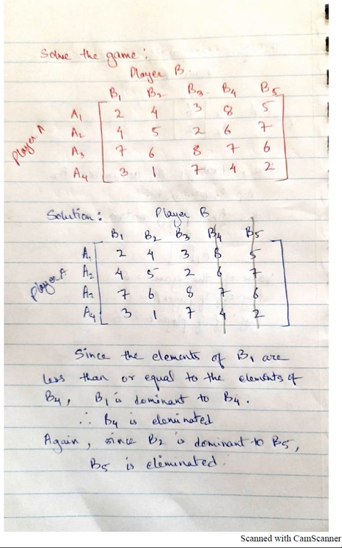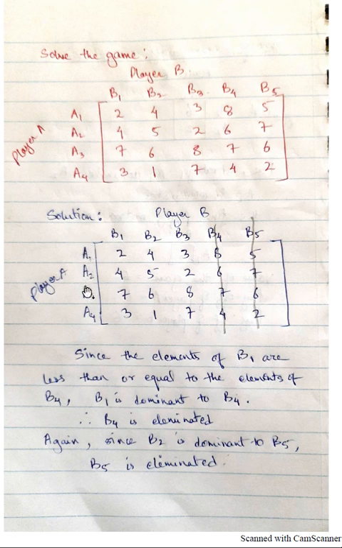So you will not be able to find a dominant strategy for player A. If you cannot find a dominant strategy for player A, you move on to player B. So let us first see, for A1 2 is smaller than 4, but it is less than 5. So here we know that we don't have a dominant strategy between A1 and A2.